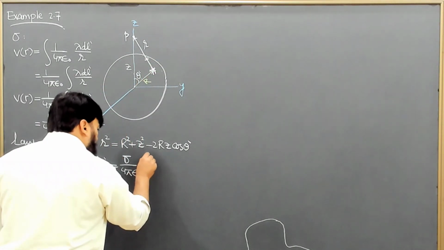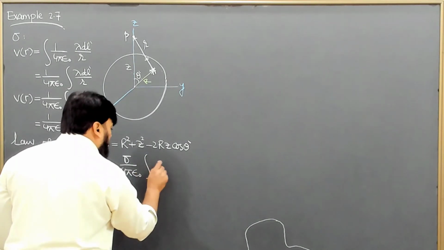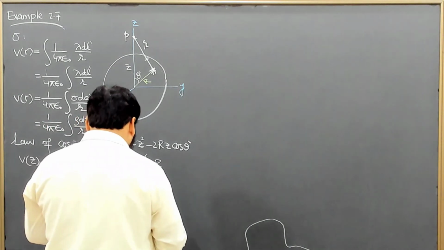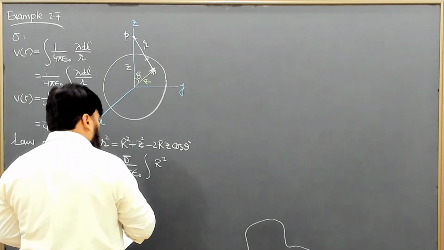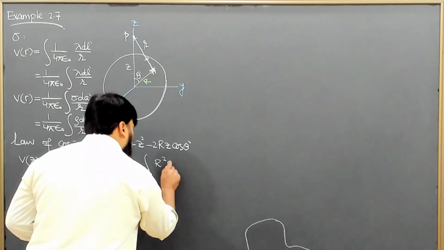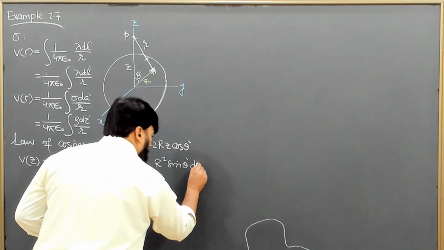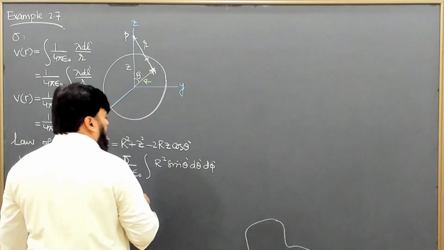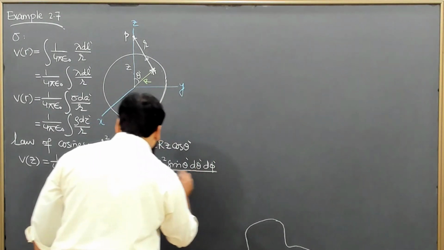For dA, I can write the area element as R square sine theta prime d theta prime d phi prime. R square is there because there is no integration on R. The area element we have already derived in spherical polar coordinates.